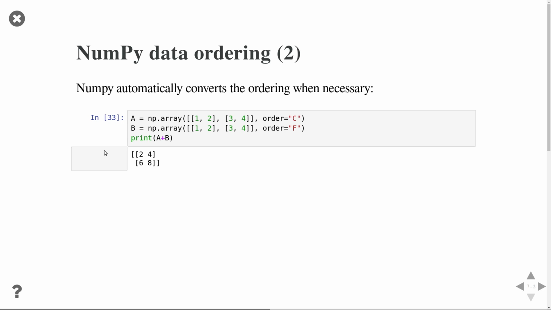Will it still be commutative? Sorry? Will the ordering matter? Right. You know, I'm not sure. So the question is, do you get the same ordering if you do A plus B or B plus A? Well, we can test it out.